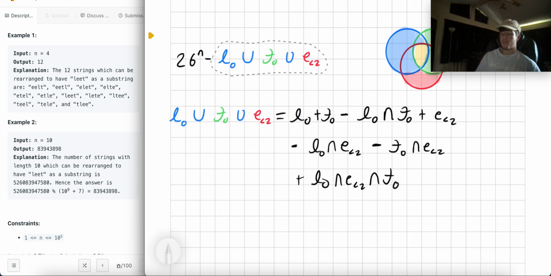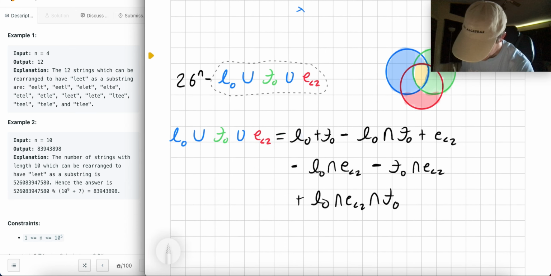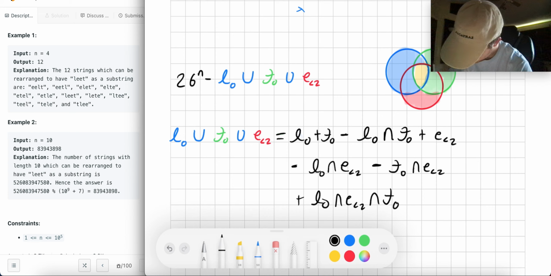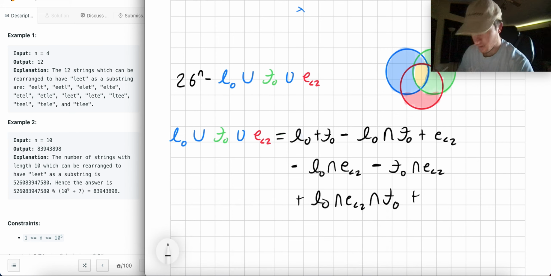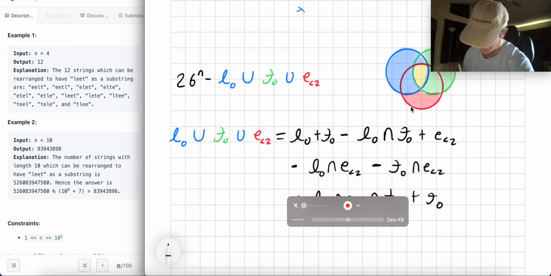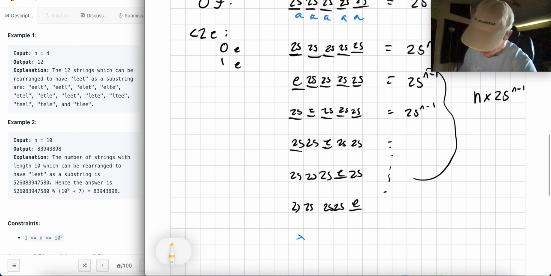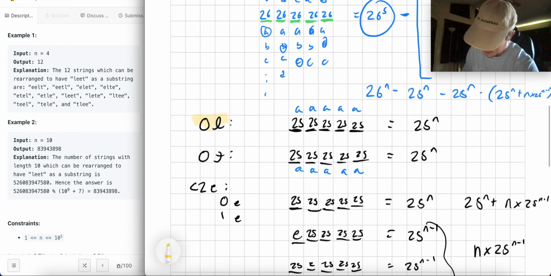Some of these things we've already calculated up here. Did I forget to add in T0? I want this whole thing minus the parts. So some of these we already have calculated: I already calculated what 0L is and what 0T is and what 2E is.